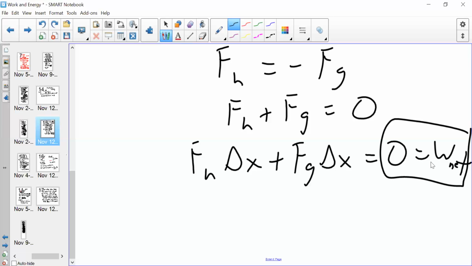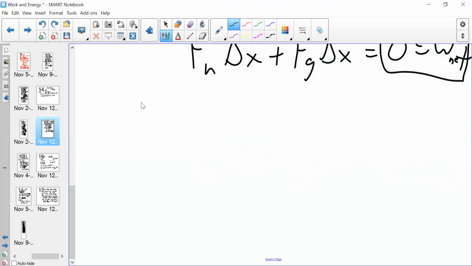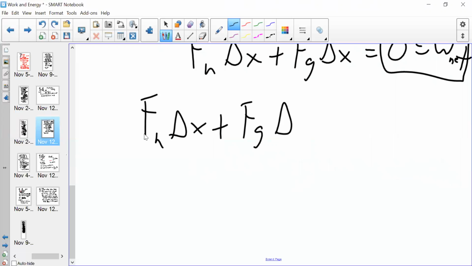And so then here, you have F_H, force of the hand, delta x. This is the net work done by these two forces. You could have n number of forces. That's equal to change in kinetic energy, change in potential energy.